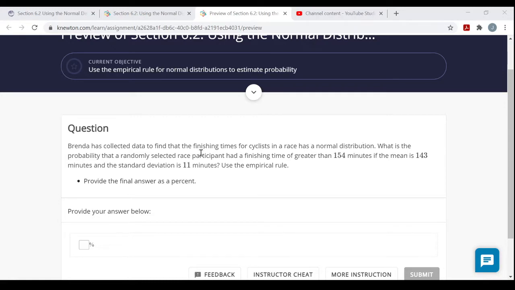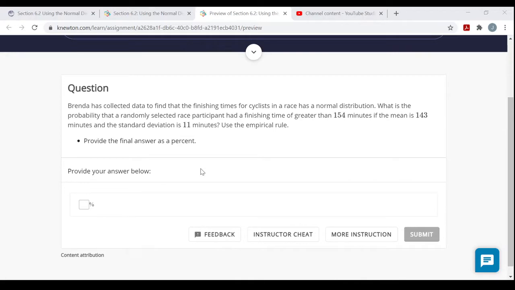What is the probability that a randomly selected race participant had a finishing time of greater than 154 minutes if the mean time is 143 minutes and the standard deviation of the times is 11 minutes? I'm going to write all that out again on a separate sheet of paper and draw you a picture. I'm going to be drawing this bell-shaped curve quite a lot.